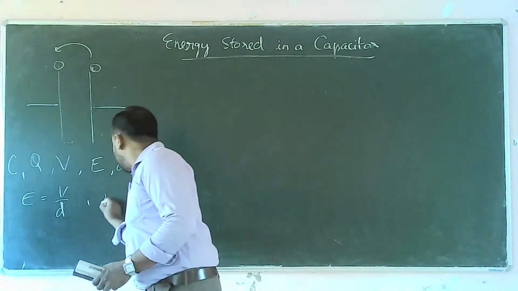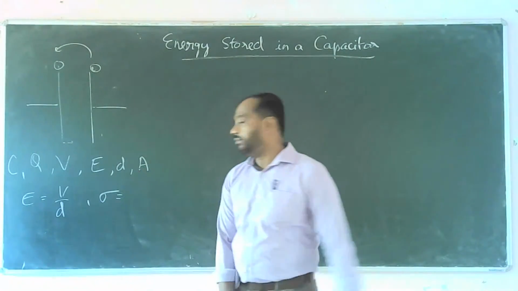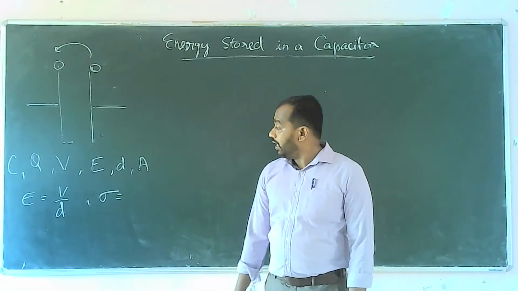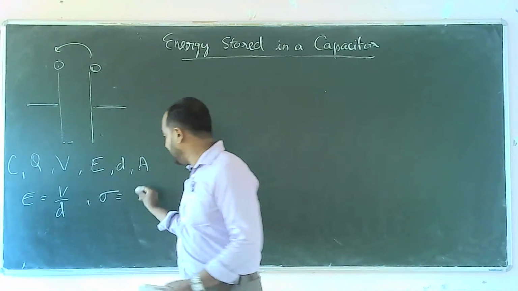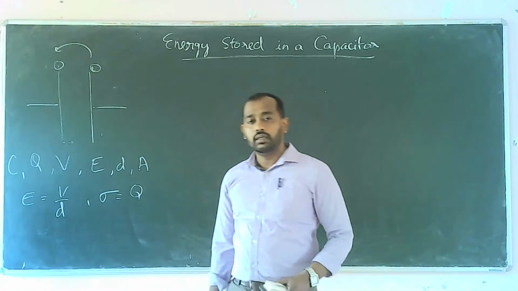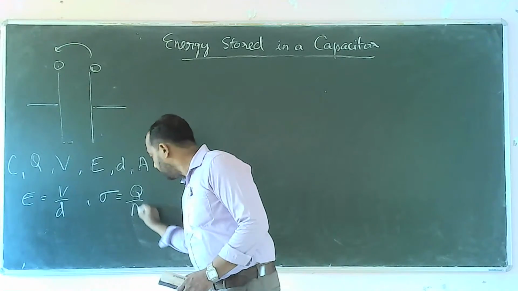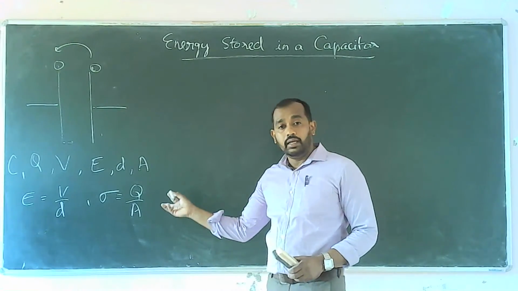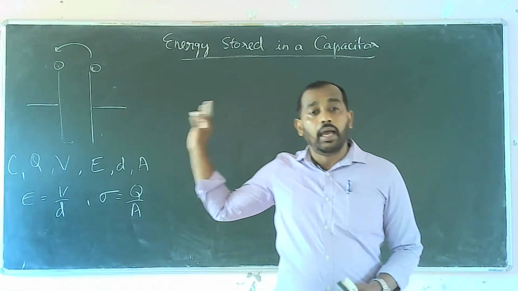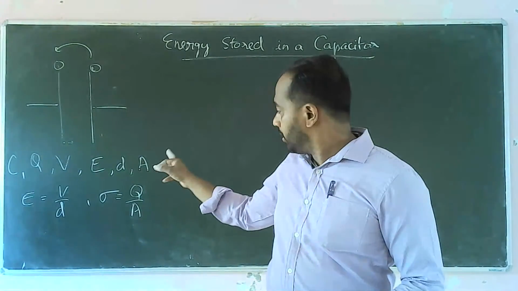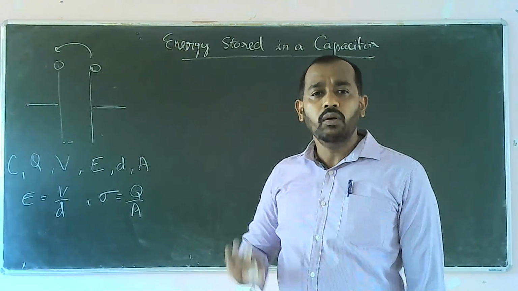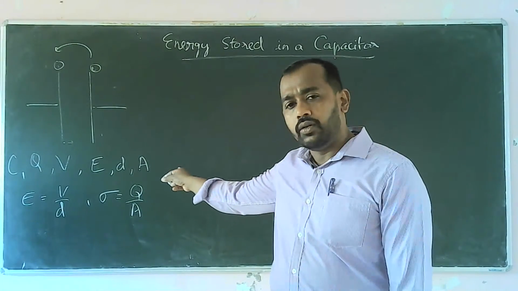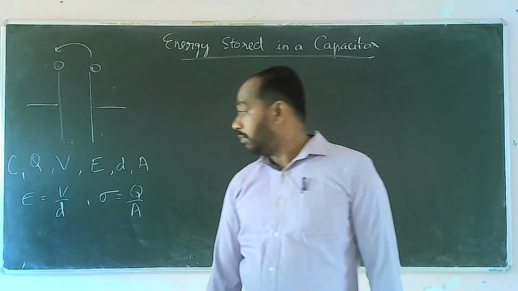If we represent the surface charge density as sigma, then sigma is equal to the total charge deposited divided by the area of cross section. Here we have imagined that the charge is uniformly distributed, with no edge effects.